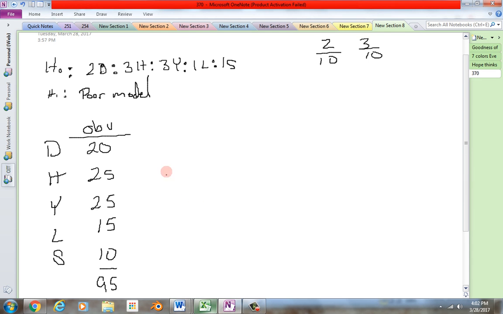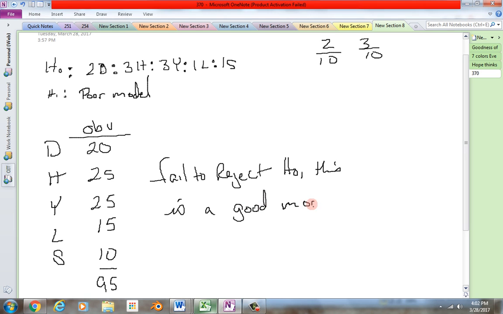And by failing to reject, we're saying that's a great model, or it's a good model. Fail to reject H naught. This is a good model. That is, it really describes what's going on in the real world or in nature or whatever. Okay, it's a good fit. Okay, so there we go.